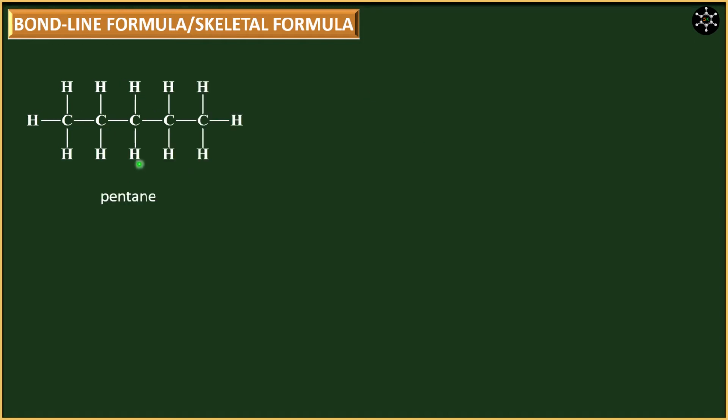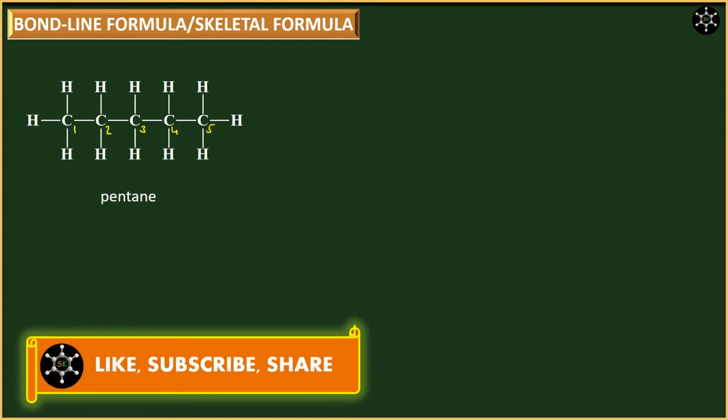This is pentane molecule. Here we are having 5 carbon atoms. So we will have 5 dots in the skeletal formula. For the sake of clarity, let us number them 1, 2, 3, 4 and 5.